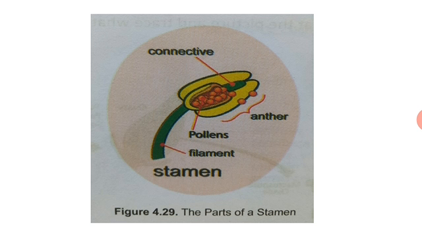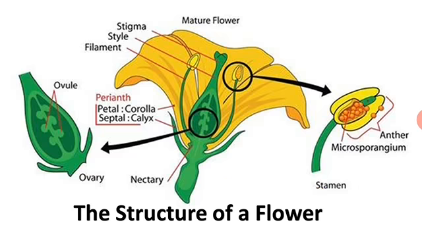These are the parts of the flower. Let's go back. In the stamen we have the anther and the filament. In the whole flower we have the corolla and the calyx, the nectary, the receptacle, and the pedicel.